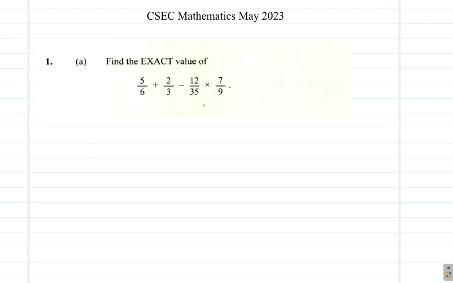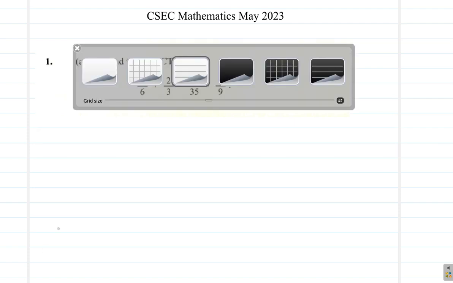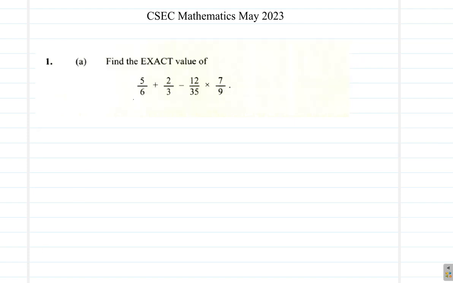Now remember, you can work out this part, but you cannot add what you get or subtract 12 over 35 from what you get. Alright? Because the 12 over 35 is multiplied by something else.